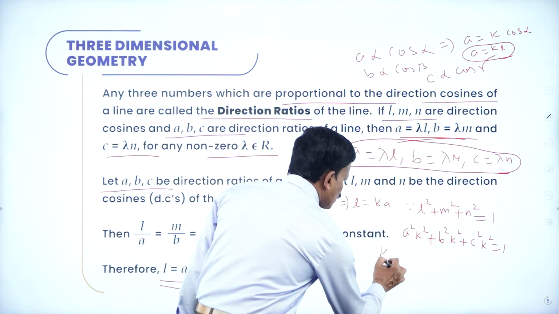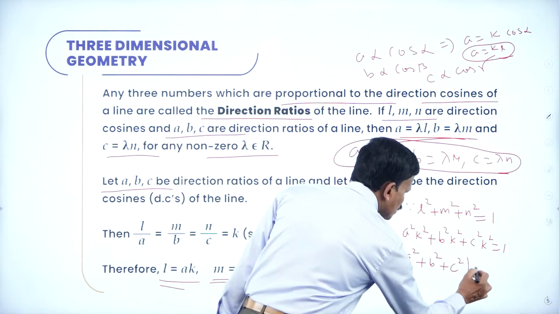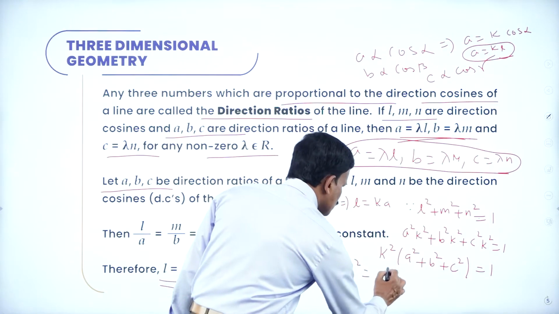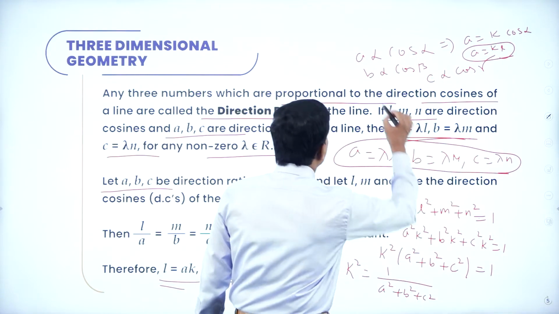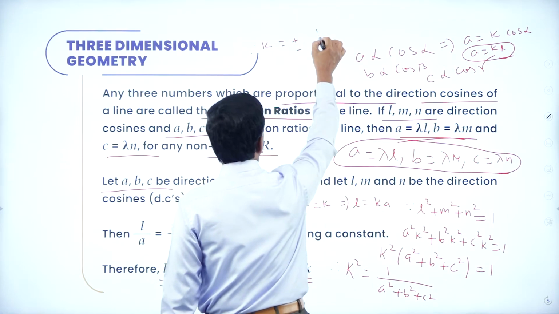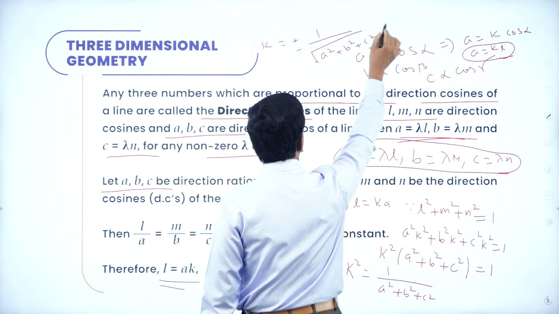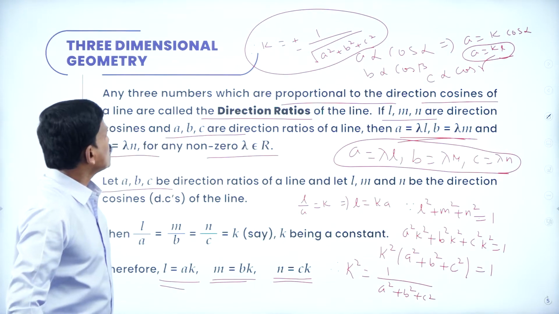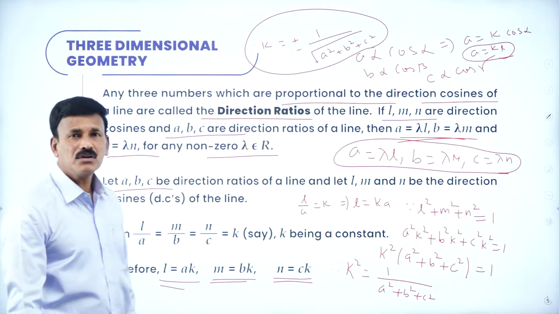Taking k square as a common factor, k square into a square plus b square plus c square is equal to 1, so k square is 1 divided by a square plus b square plus c square. The value of k is plus or minus 1 over square root of a square plus b square plus c square.